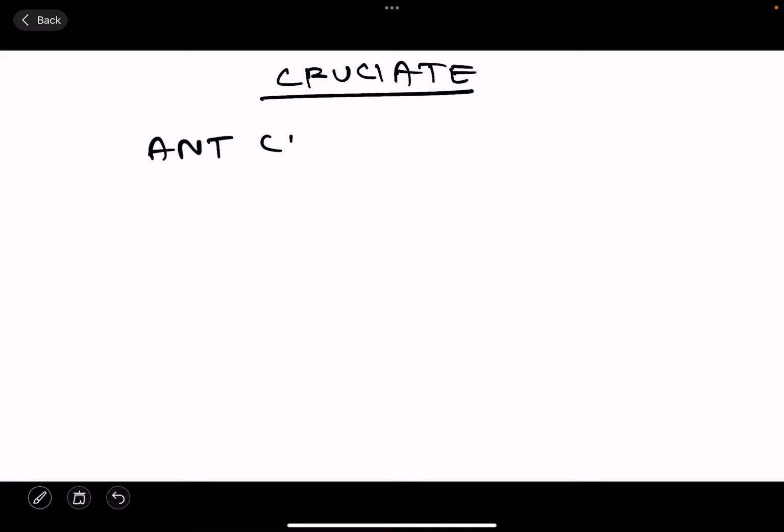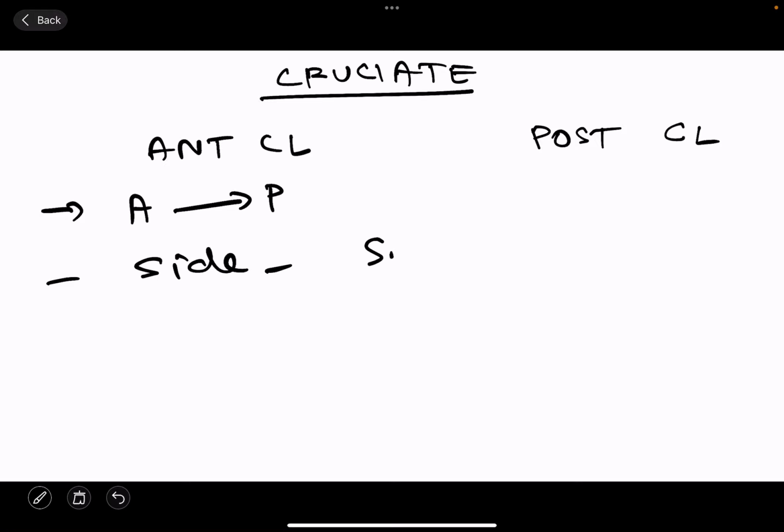Now we know the cruciate ligaments. They are of two kinds: there is an anterior cruciate ligament, there is a posterior cruciate ligament. The attachments of the cruciate ligaments are very important, and these cruciate ligaments prevent the anteroposterior and side to side swaying of the knee joint.